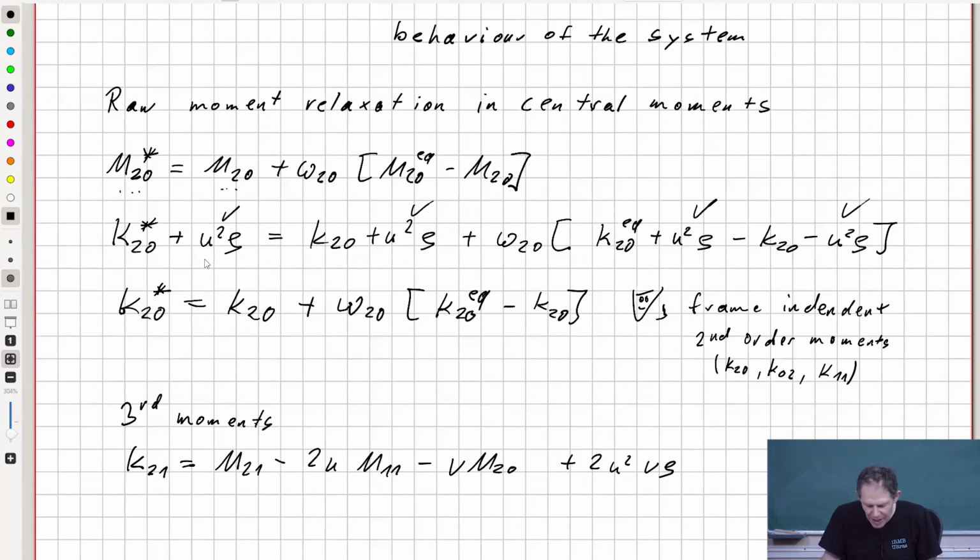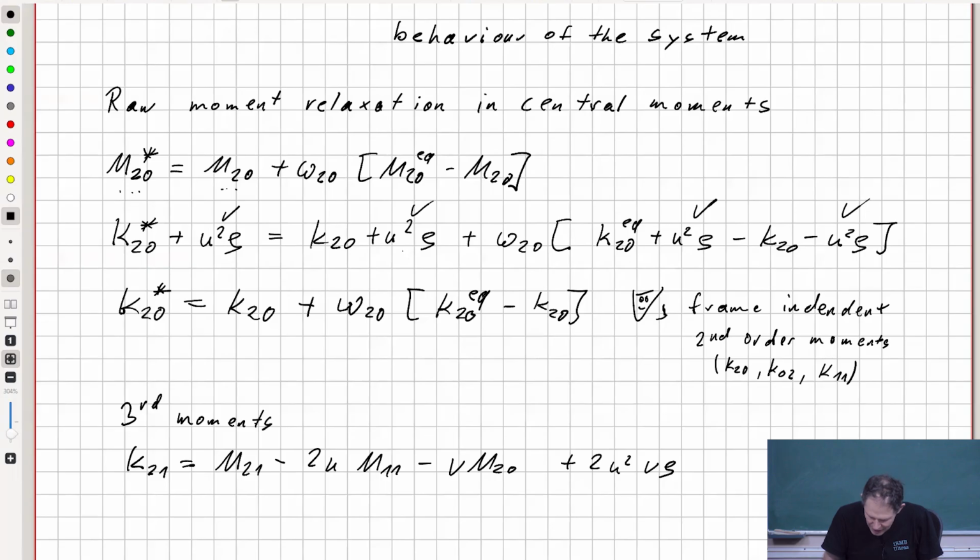So here, what we have seen, if there's no force in the second moment, then the difference between the central and the raw moment was this, and this thing was Galilean, was collision invariant, at least as long as there is no force. So this would stay the same before and after collision.